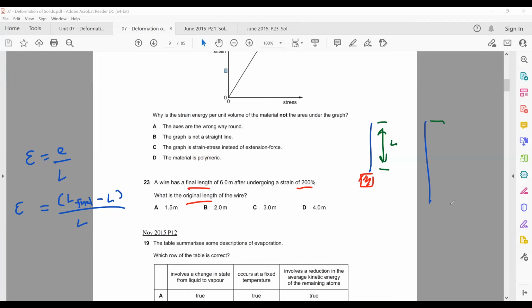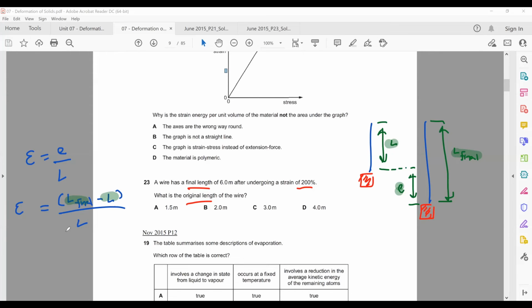So I know I have an extension of E. Okay. So this is the original length. This is now the final length after the wire is being stretched, giving me this extension E. It's correct to say the extension E is the final length minus the original length, right?